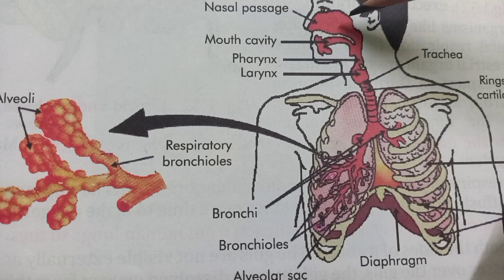The first part is known as vestibule, and that part contains hair and mucus which filter the air that enters here, so that it may trap the dust particles with the help of hair and the mucus. Then the second part is known as the respiratory part.